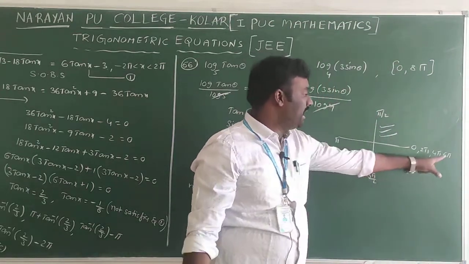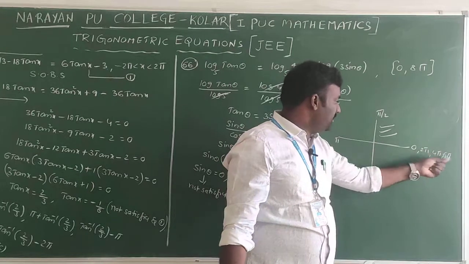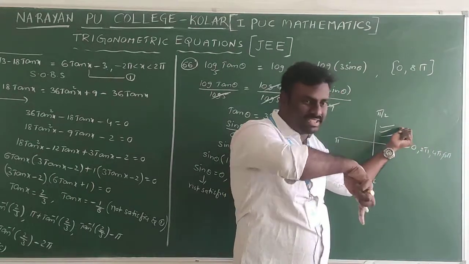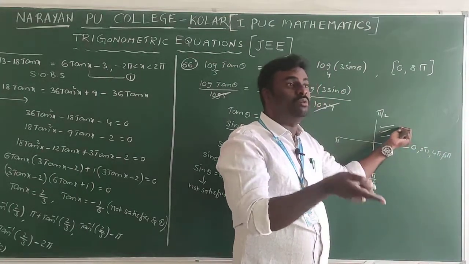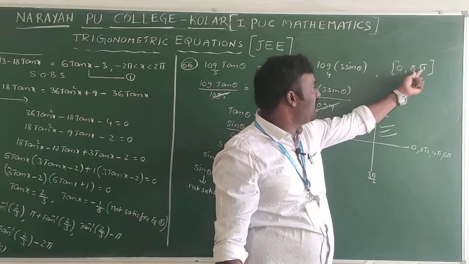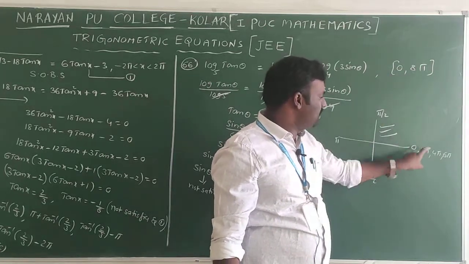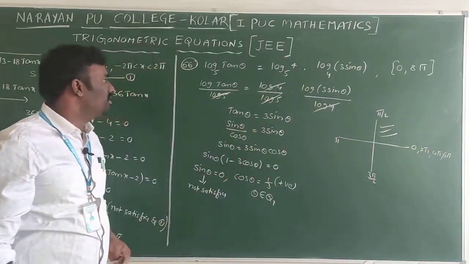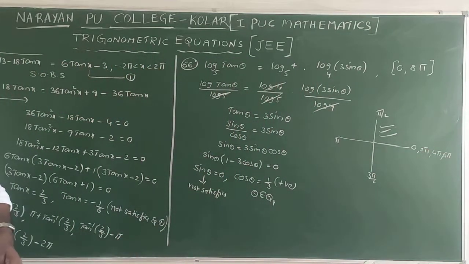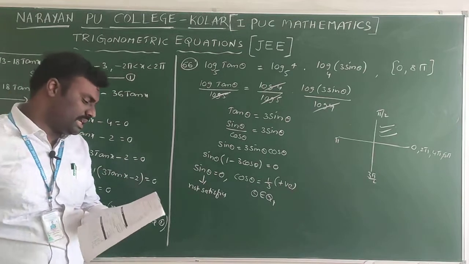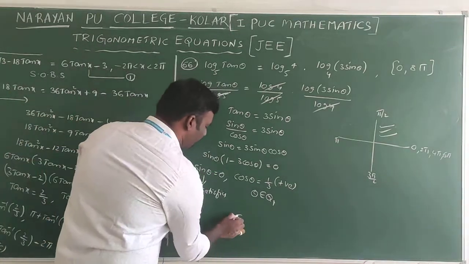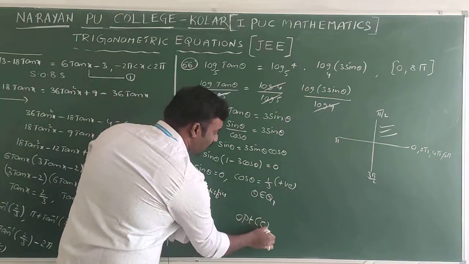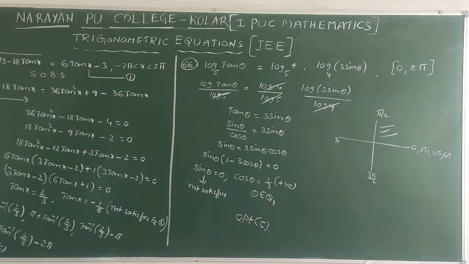But don't take 8 pi. Because if you take 8 pi, this is 8 pi plus, which means more than 8 pi. But here this is up to 8 pi. So 0 plus, 2 pi plus, 4 pi plus, 6 pi plus. Totally how many solutions? The number of solutions is totally 4 solutions for this. That is nothing but option C is the correct answer.